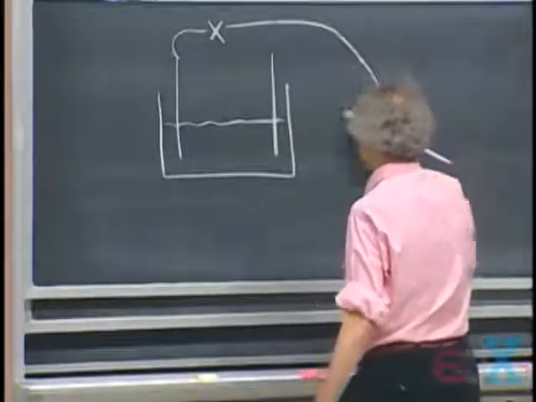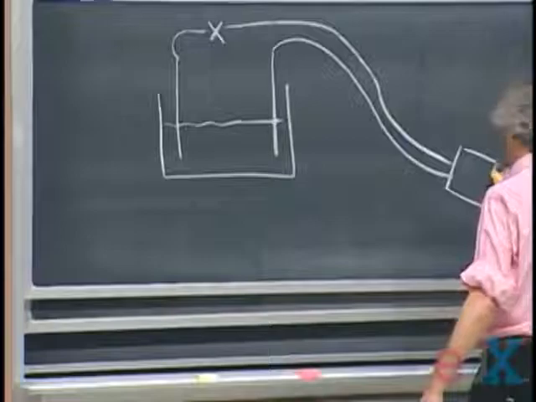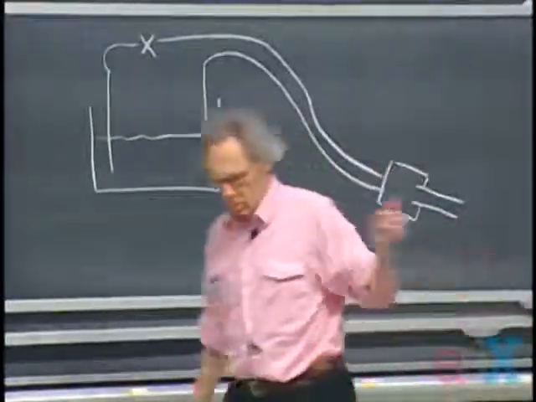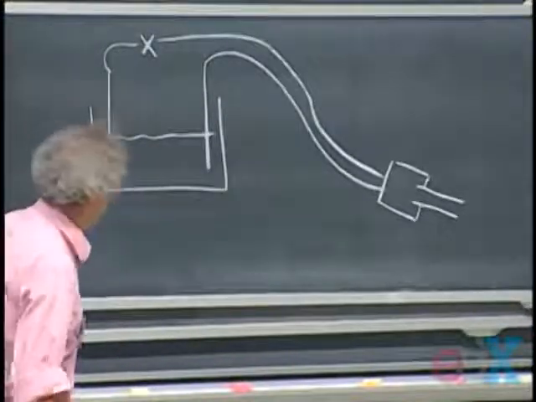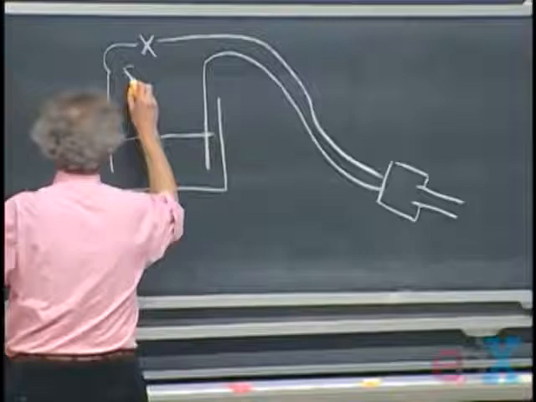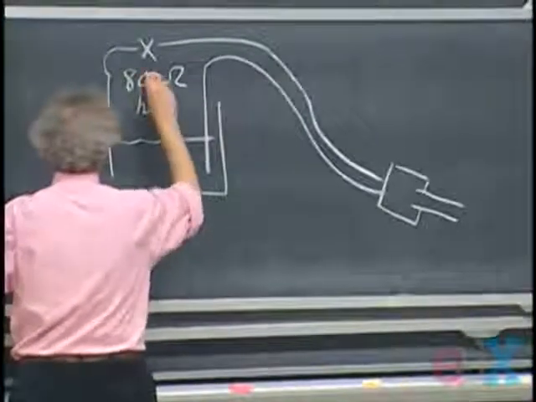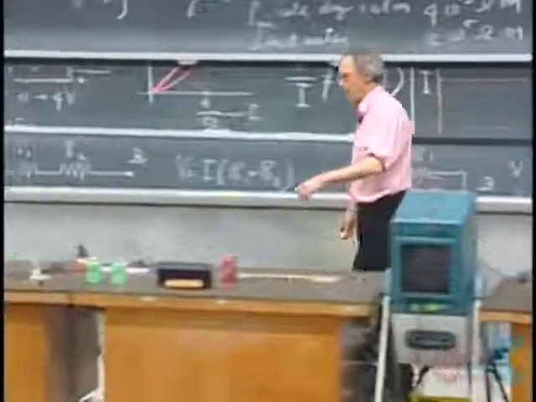And this will go straight to the outlet, stick it in, 110 volts. This light bulb has 800 ohm resistance when it is hot. You see the light bulb here.